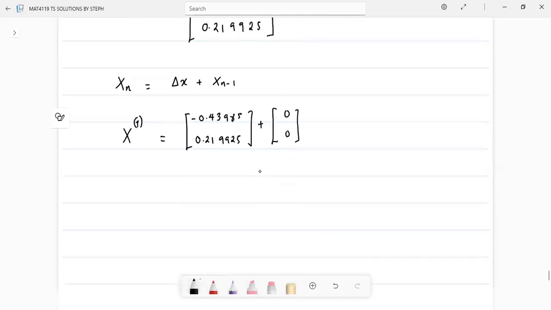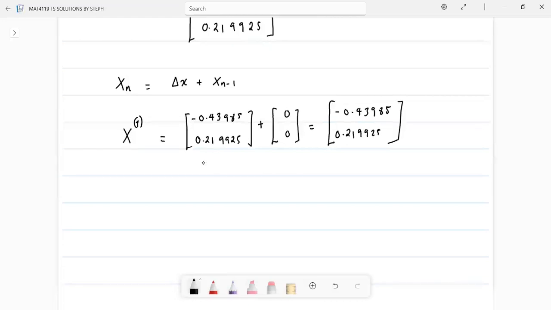And then our first approximation just comes out to be -0.43985, and then you have 0.219925. So this is our first approximation.